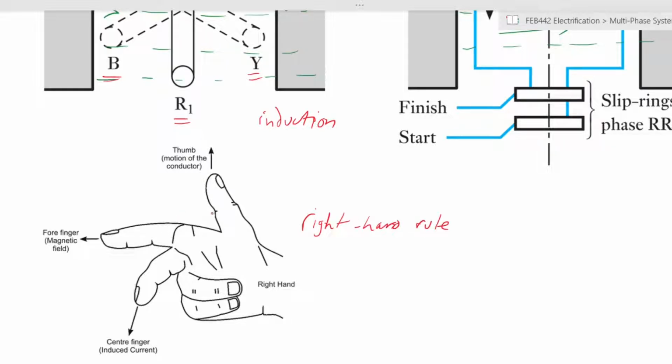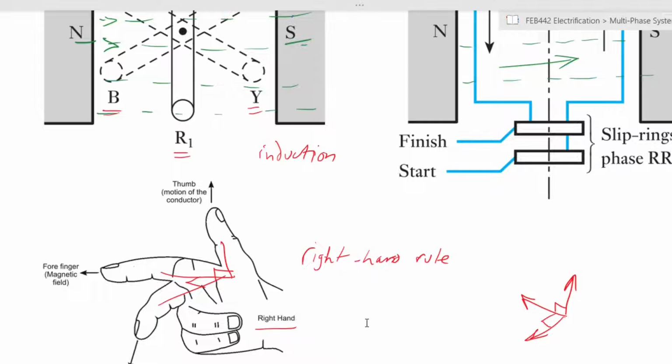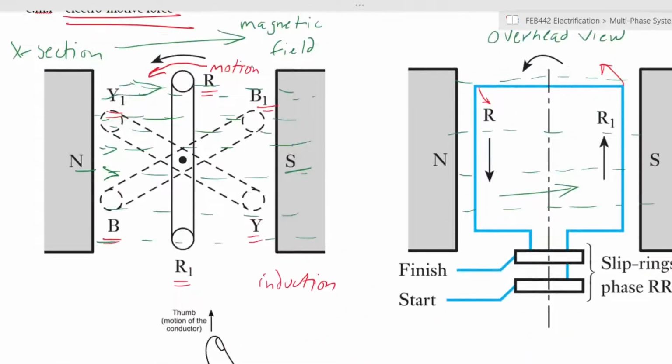So if you put the fingers of your right hand in the configuration shown such that they are all at right angles to each other, so the thumb is at right angles to the first finger or the forefinger or the index finger, and that in turn is at right angles to the middle finger or the center finger, so that they are all opposing each other. That will mean that if your thumb is pointing in the direction of the motion, in the case of this first diagram, it is pointing towards the right, as per what we see here.